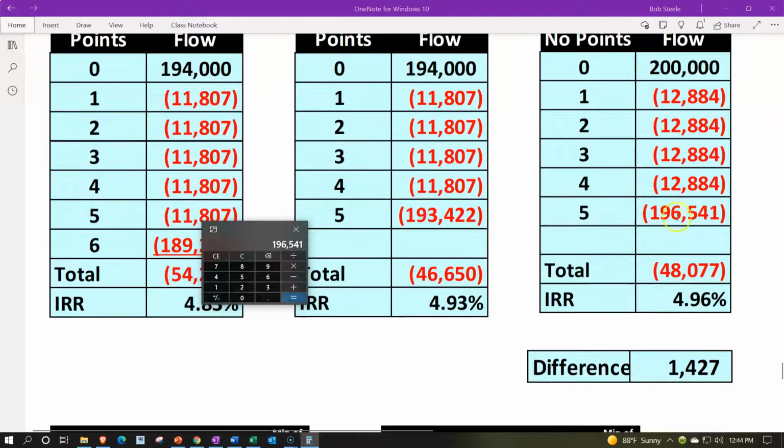That would be about 196,541. So if I sum up this data, we'd have a net outflow of 4,877. That is different from this net outflow of 46,650, by about 1,427.